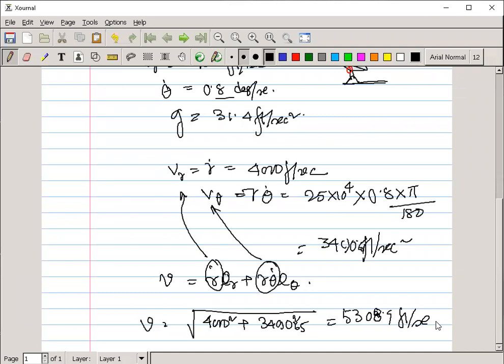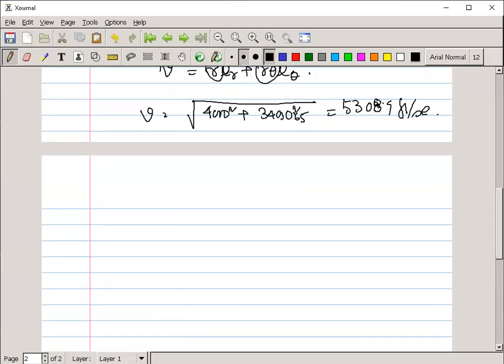Now, next we have to find the acceleration. As per the question, the gravitational acceleration is working here. So g is equal to, we can write two components, one is a theta, another one is a r.